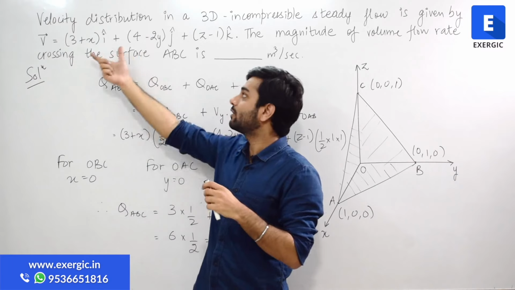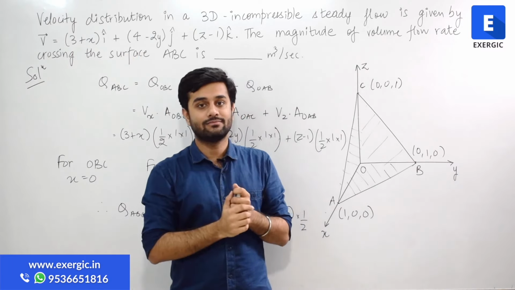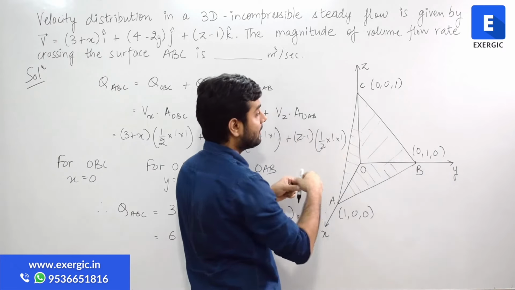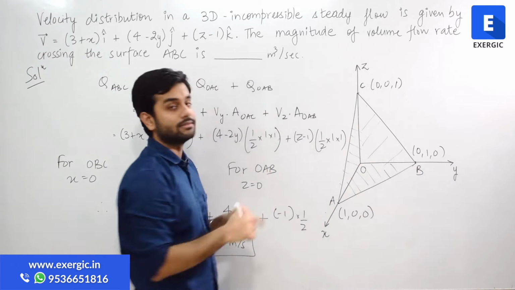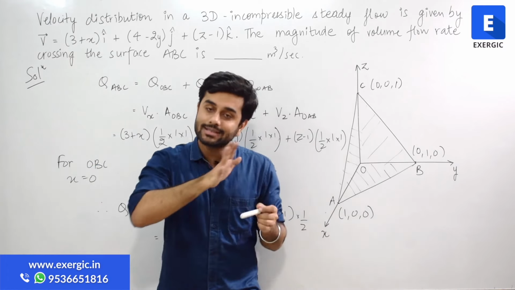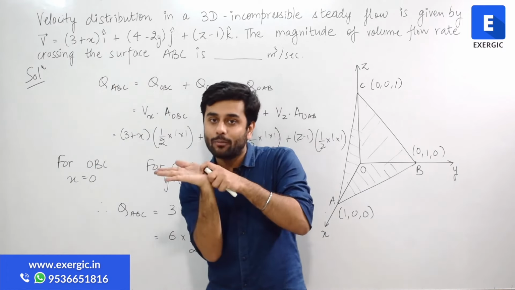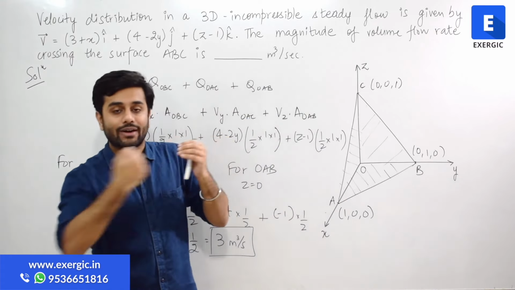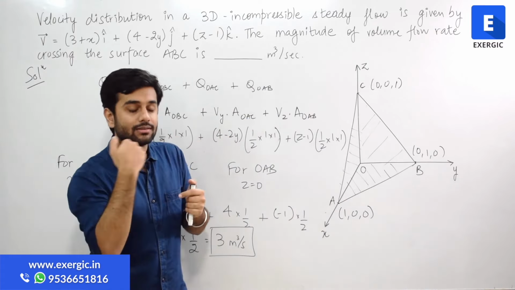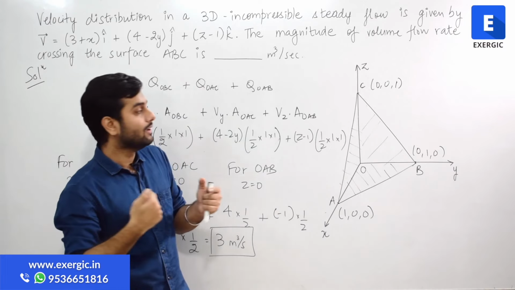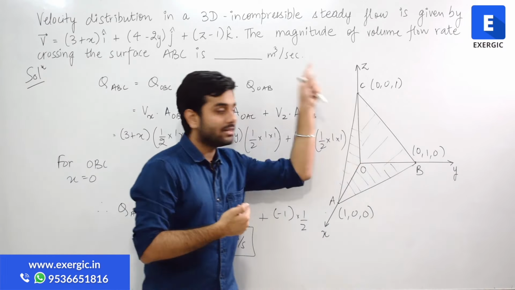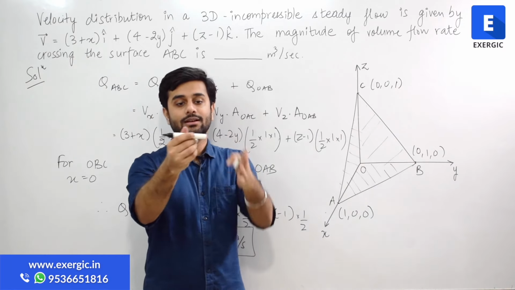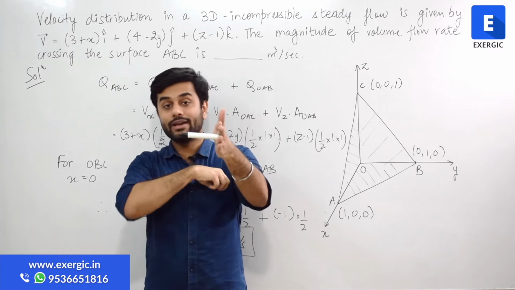Whatever is the velocity component along X, along this direction, from where will it enter? It will enter from OBC. In reality, fluid has a definite direction, but its components have different directions. So we can very safely assume that the component of velocity along X direction is entering from OBC, a plane perpendicular to X. This is the X axis, and this is a plane perpendicular to the X axis.